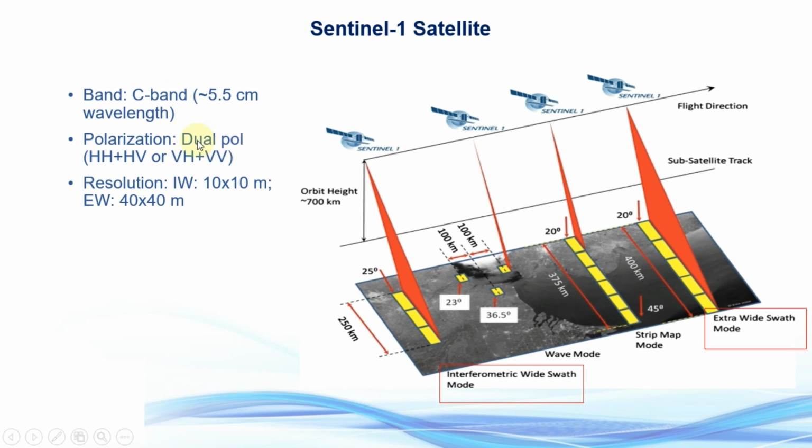It has a dual polarization that functions mainly in two instrument modes. One is interferometric wide angle, which provides spatial resolution of 10 meters. The second is extra wide swath mode, which provides spatial resolution of 40 meters.